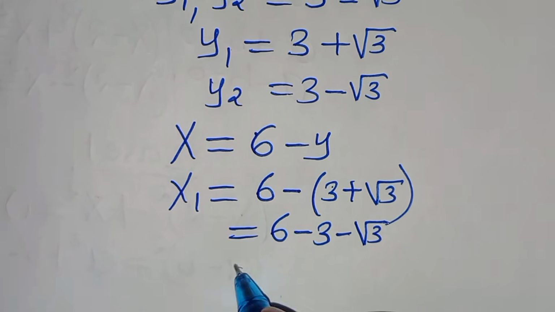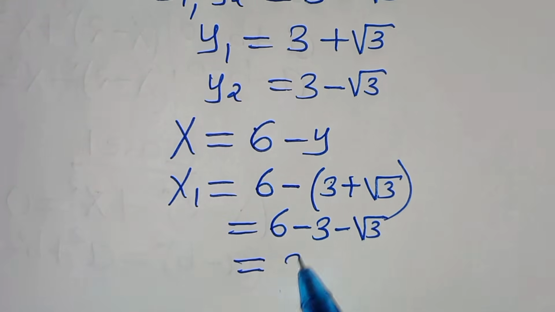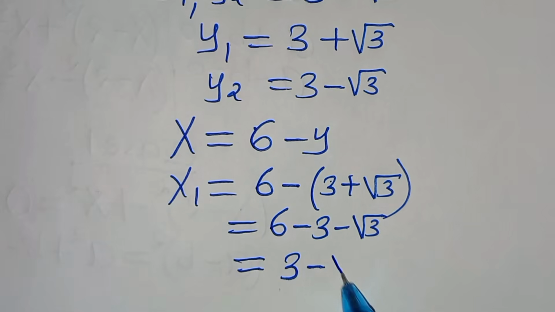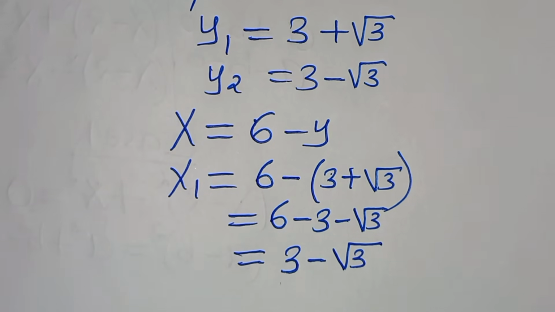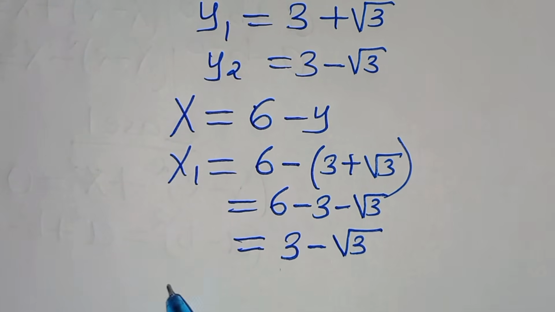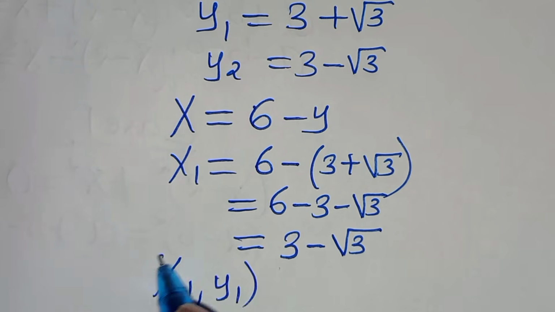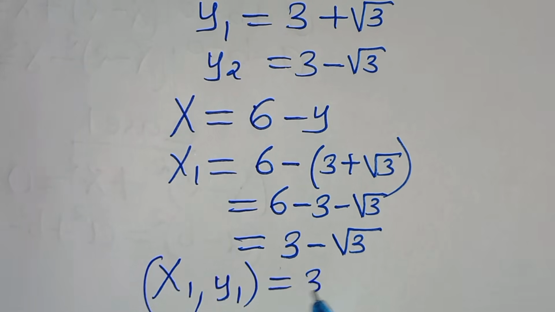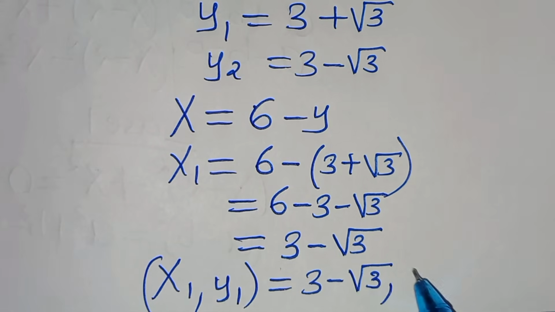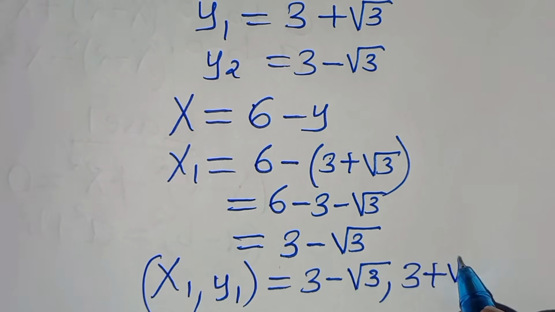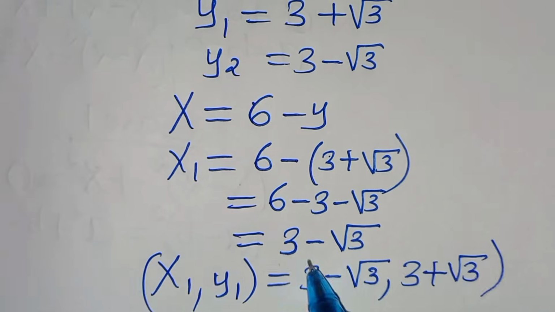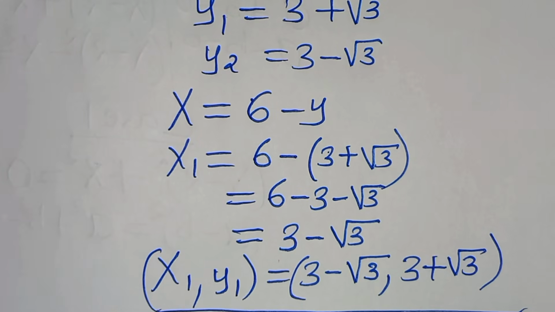So we have 6 minus 3, this is 3 minus square root of 3. Now this implies that we have the first set of solution here, x1, y1, is equal to 3 minus square root of 3, comma, y1, which is 3 plus square root of 3. This is the first set of solution that we have.